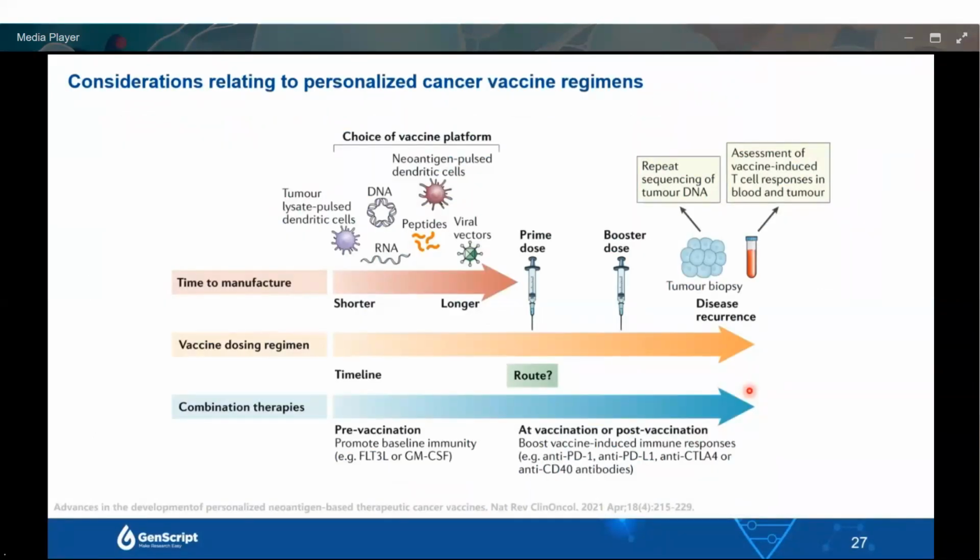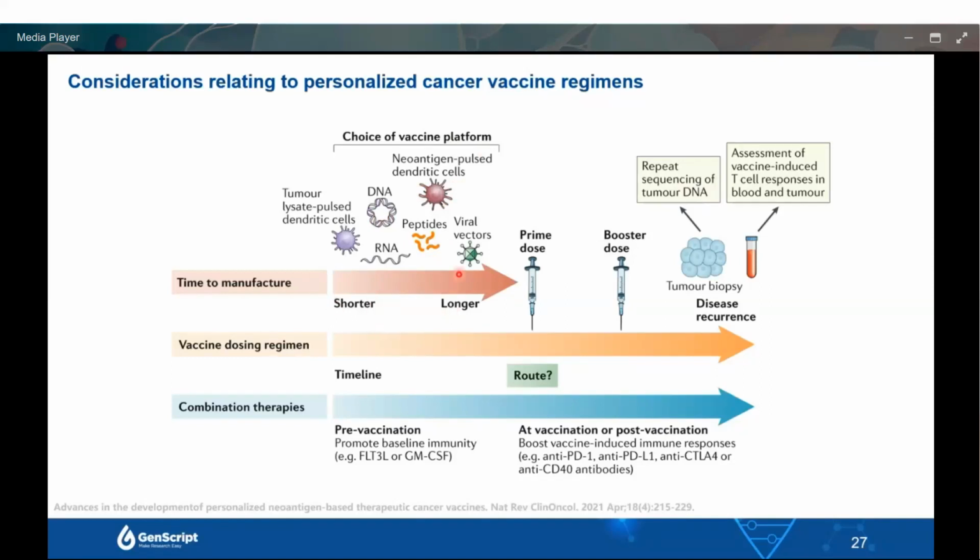So that's about tumor antigen discovery. After we have identified the neoantigen, the next step is to produce the vaccine. Here are the considerations relating to personalized cancer vaccines. There are several kinds of vaccine formats that you can choose.